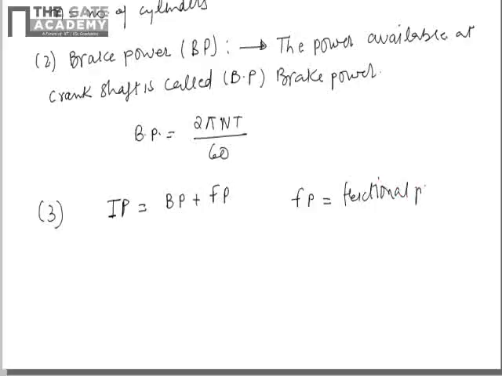Power developed inside the cylinder suffers some frictional loss on its way to the crankshaft, so FP is the power wasted in overcoming friction.